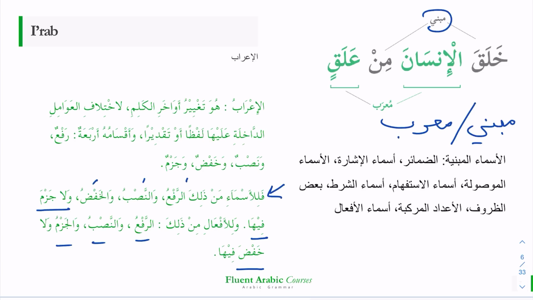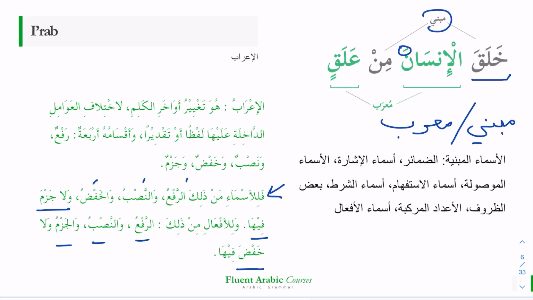So we have taken this word out. Al-insan, it is mu'rab. And what is its role in the sentence? It is maf'ul bihi, because khalaqal insana. So it is maf'ul bihi, and therefore it is mansub.